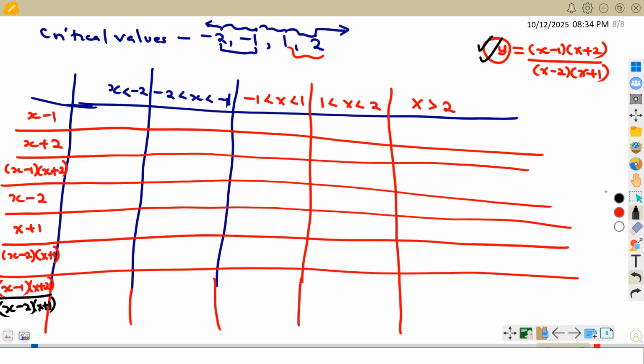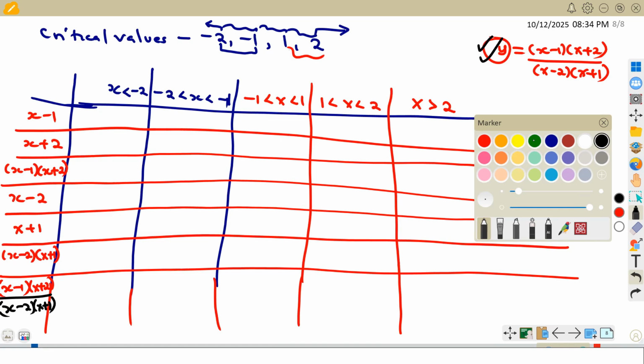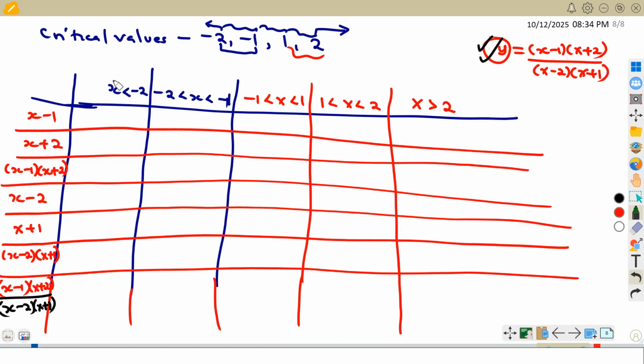Now from here, let us begin. We shall begin by looking at each of these. We need a value of x which is less than negative 2. You can put your x as, for example, negative 3. When you put negative 3 in here, it will give us negative 3 minus 1, which will be a minus. Negative 3 plus 2 is still a minus. You are simply interested in the sign value.